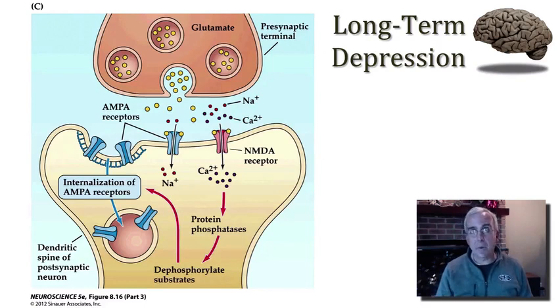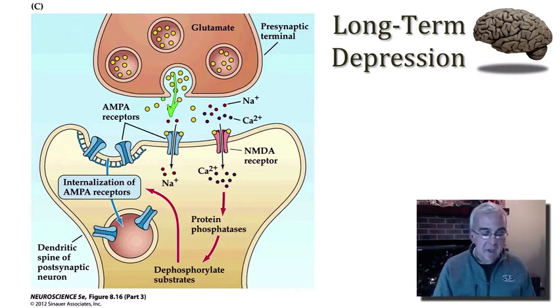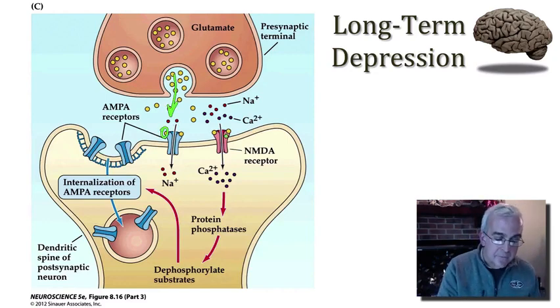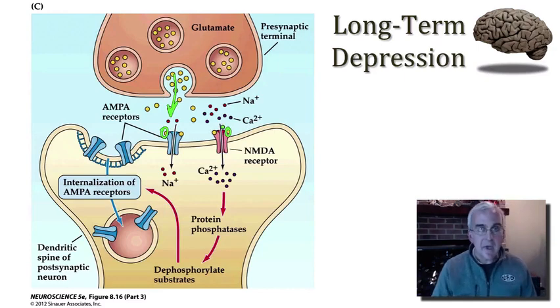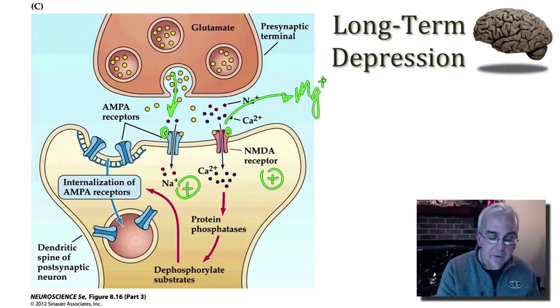And I've already suggested what might be different. For long-term depression, there is low-frequency stimulation. That stimulation is sufficient to cause the release of glutamate, of course, and glutamate binds to AMPA receptors and NMDA receptors, and the amount of depolarization that the low-frequency stimulation provides this postsynaptic spine is sufficient to expel magnesium from the pore of the NMDA receptor channel.